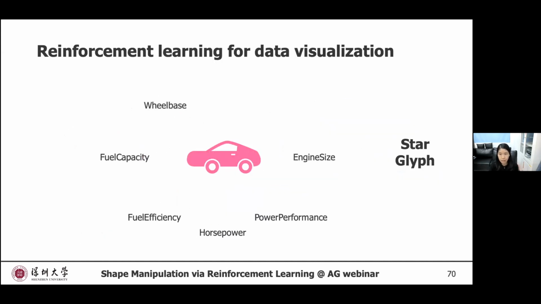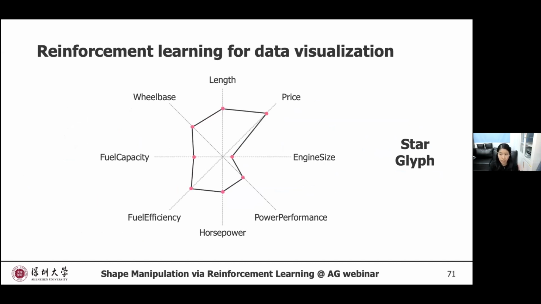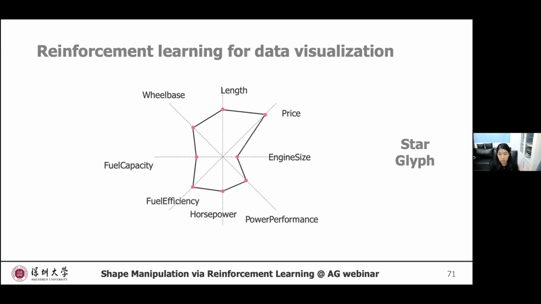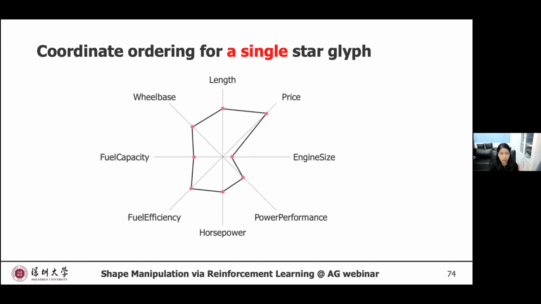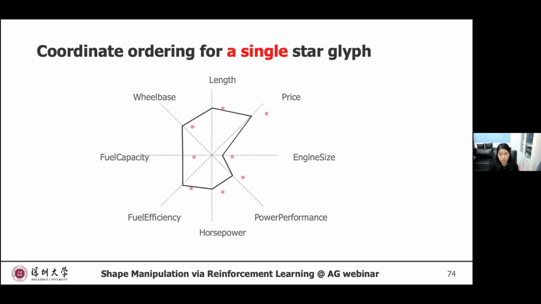Star glyphs are a type of radar plot that show data points in a compact representation with the coordinate axes circularly arranged around a central point. And the order of the coordinate axes heavily influences its shape and thus its perception during analysis tasks. The desired shape of a star glyph depends on the visualization task.